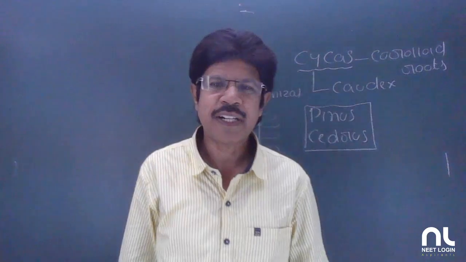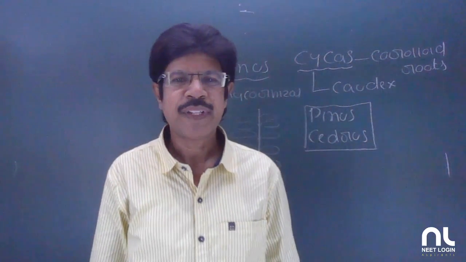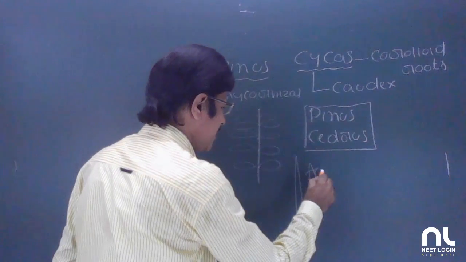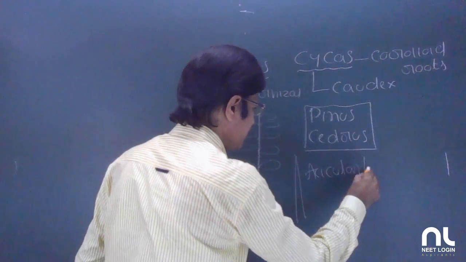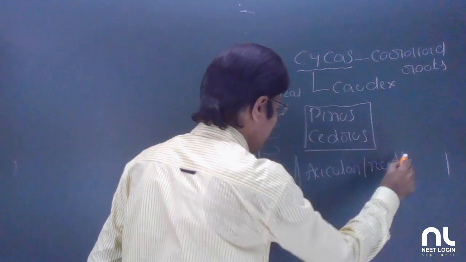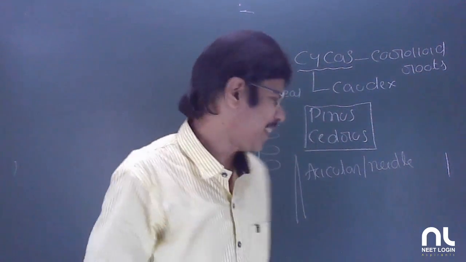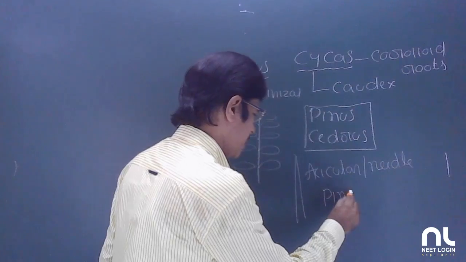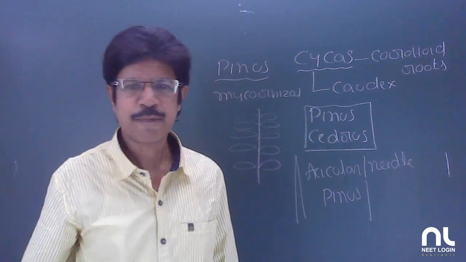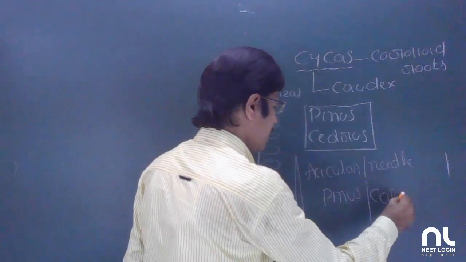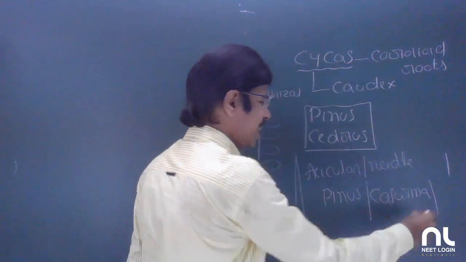So sunken stomata, multiple epidermis, and leaves with reduced leaf surface area, acicular, needle-like leaves, are present in Pinus. Needle-like phylloclades are present in Casuarina.